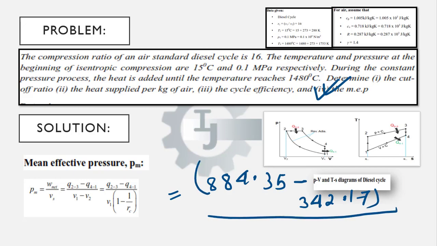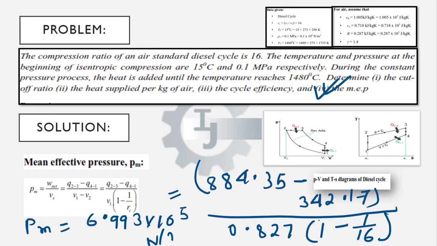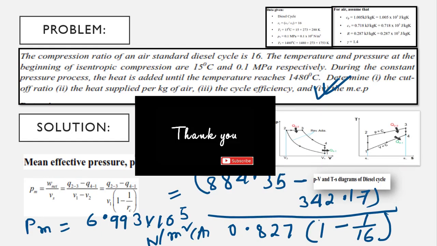The value of V1 we have just derived, that is 0.827, into 1 minus 1 by the compression ratio, 16. So by solving this, we got the value of mean effective pressure PM equals 6.993 into 10 to the power 5 Newton per meter square. So this is our answer.